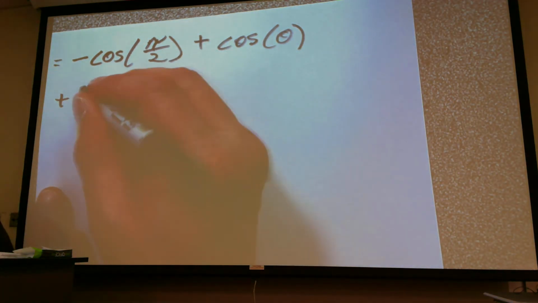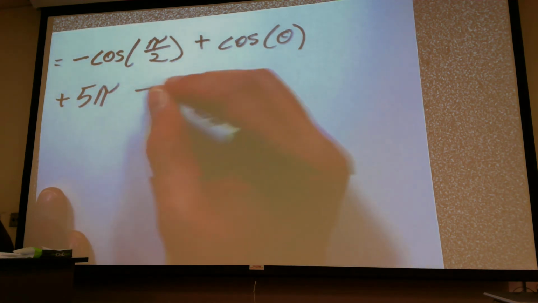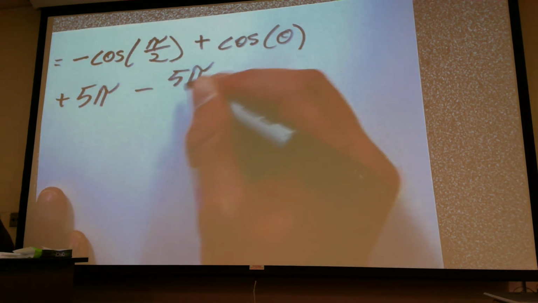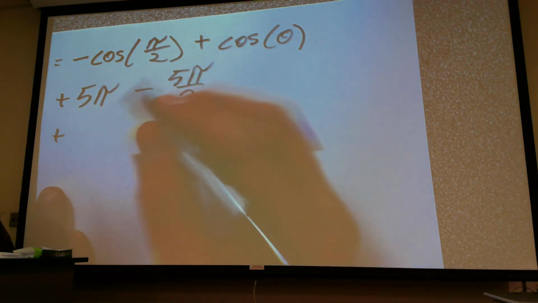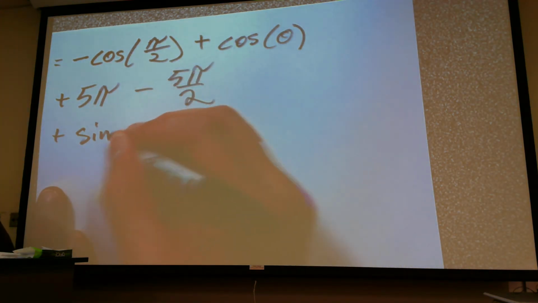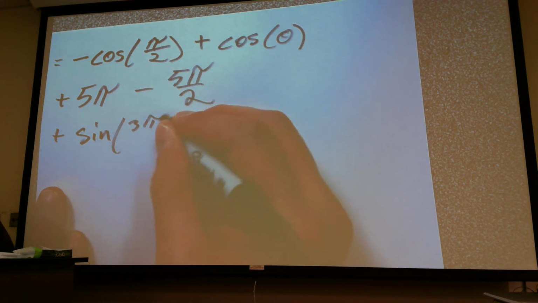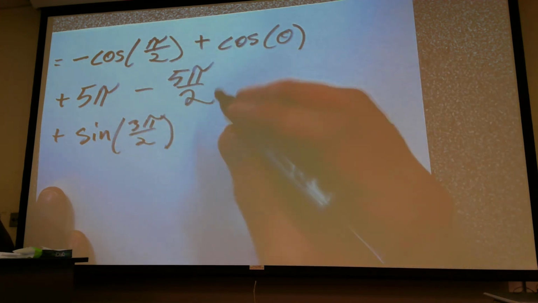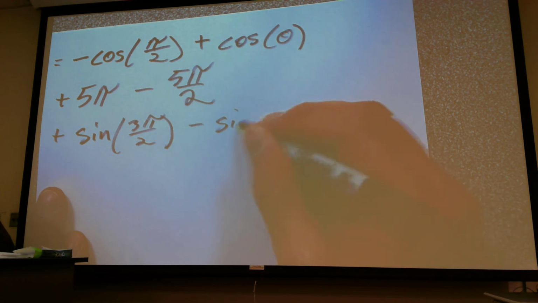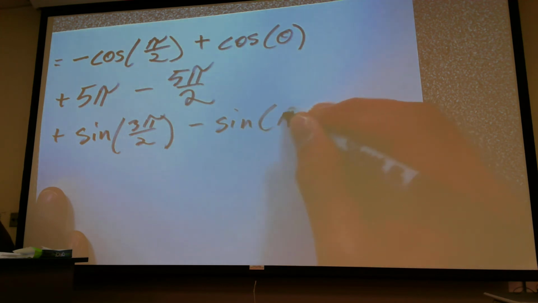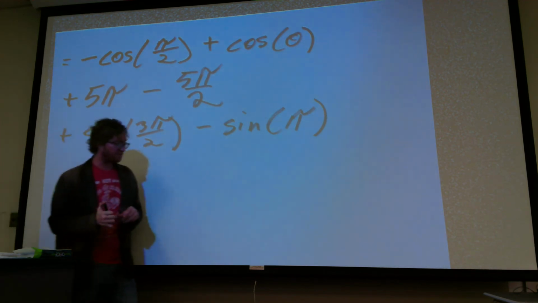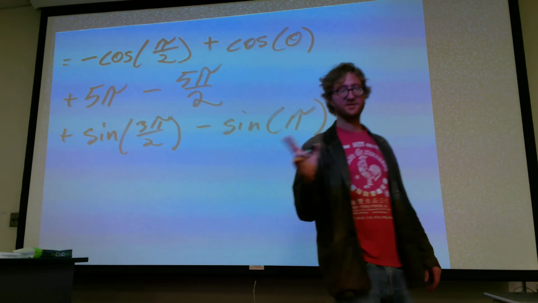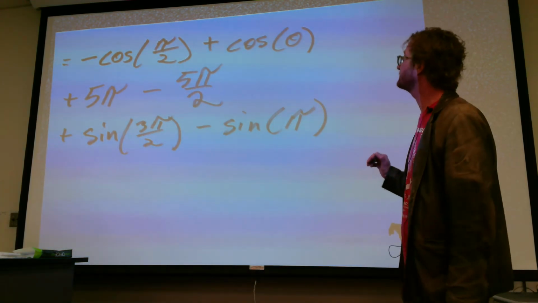Now plus 5 pi minus 5 pi divided by 2. And plus now sine of 3 pi over 2 minus sine of pi. After you do the antiderivatives, it's one boundary point minus the other boundary point plugged into your antiderivative.